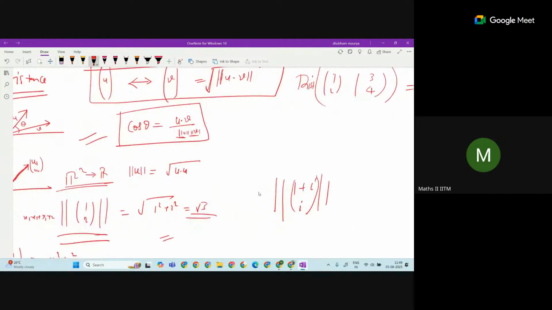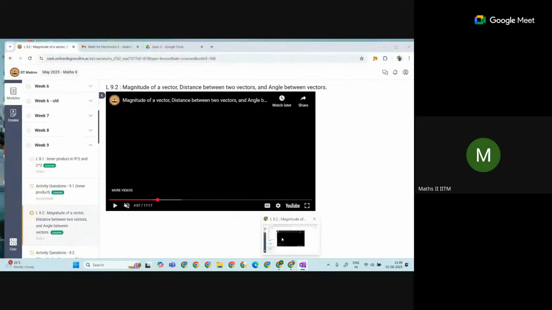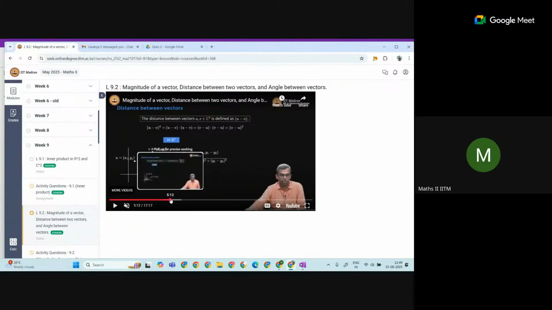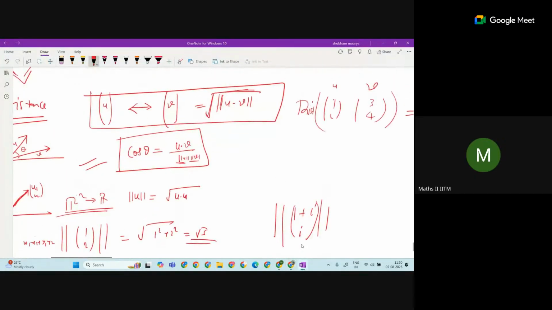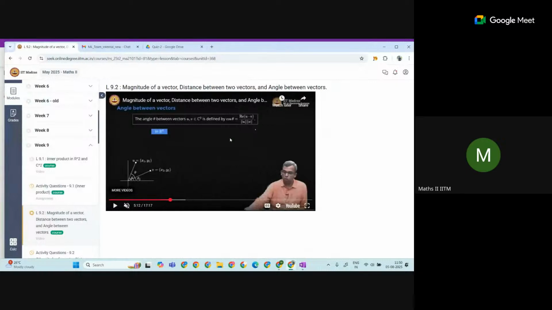Now the angle formula is this one, you can directly use. This is just a formula. Cos theta is equal to, this is for the complex case. Okay, this is for complex, so I just wrote for the real one. So this formula is for real vectors. For the complex vector, this formula will generally be used: Re of u dot v divided by the norm.